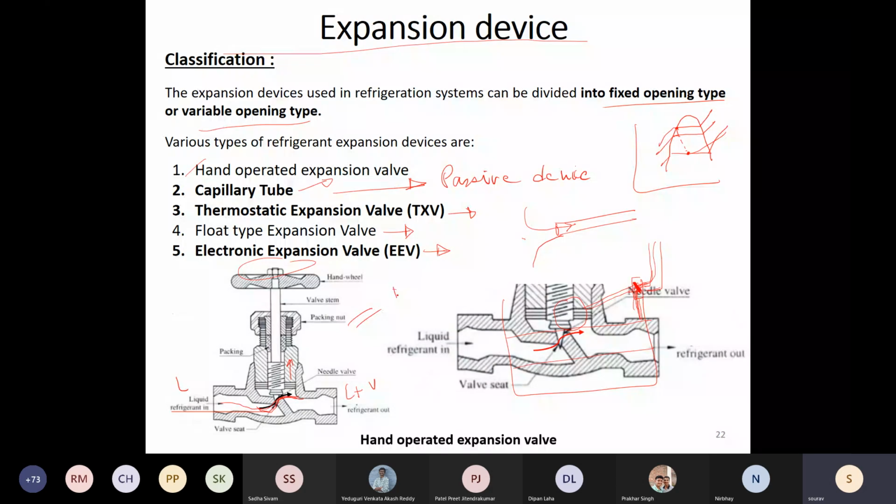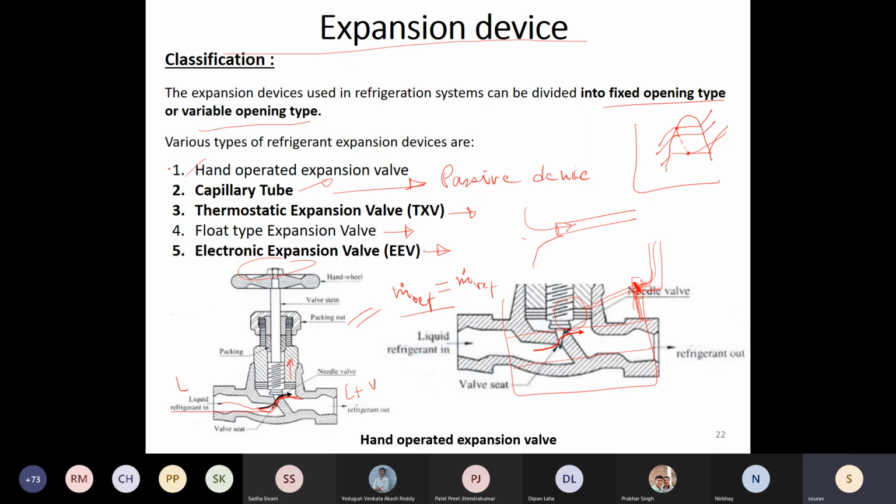If the compressor mass flow rate is m dot refrigerant, m dot rf, then your expansion device should ideally provide exactly the same mass flow rate at that particular condition. Hence, sizing of the expansion device is also critical along with the sizing of the compressor. So once you have sized your compressor, you have to buy the appropriate expansion device.